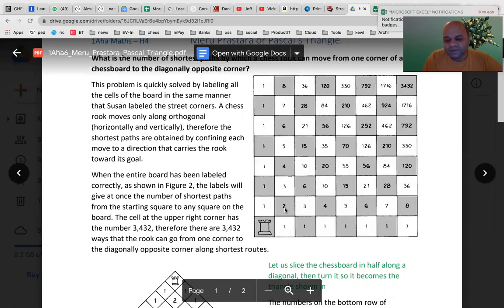Now if you go to the C2 square, how many ways can you reach it? 3 ways, because you can go up and then turn right two times, or go right 2 times and then go up, or go right 1 time, then up, and then again right. And it is still the shortest path, right? You are not covering more squares.